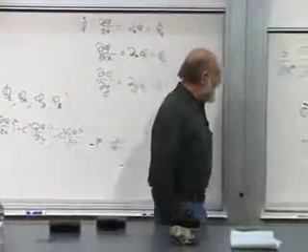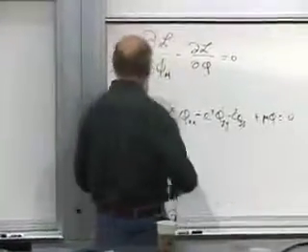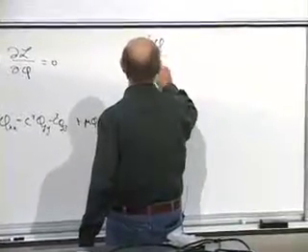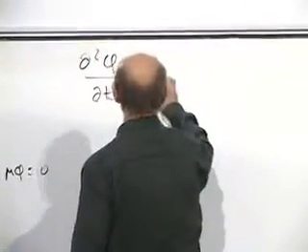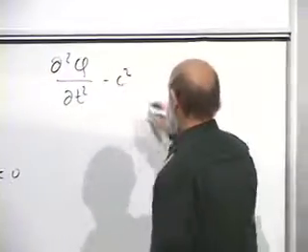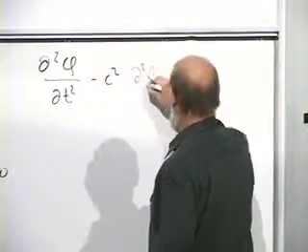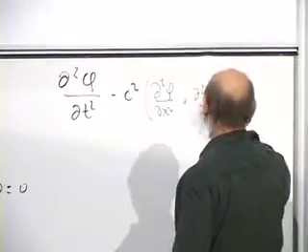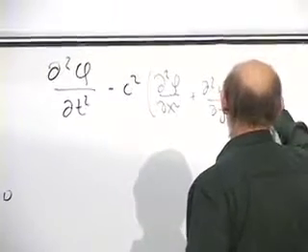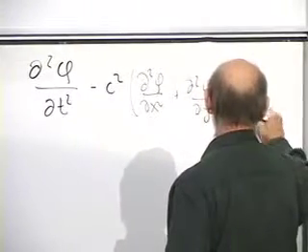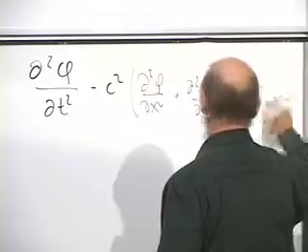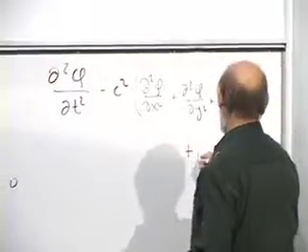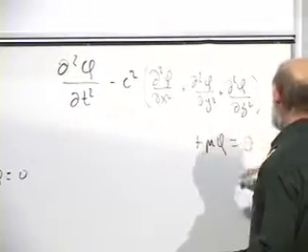All right, so let me write this out in longhand. In longhand, it's second derivative of phi with respect to t squared minus c squared, second of phi with respect to x squared, plus second of phi with respect to y squared, plus second of phi with respect to z squared, all equals, sorry, let's put the plus mu phi equals 0.